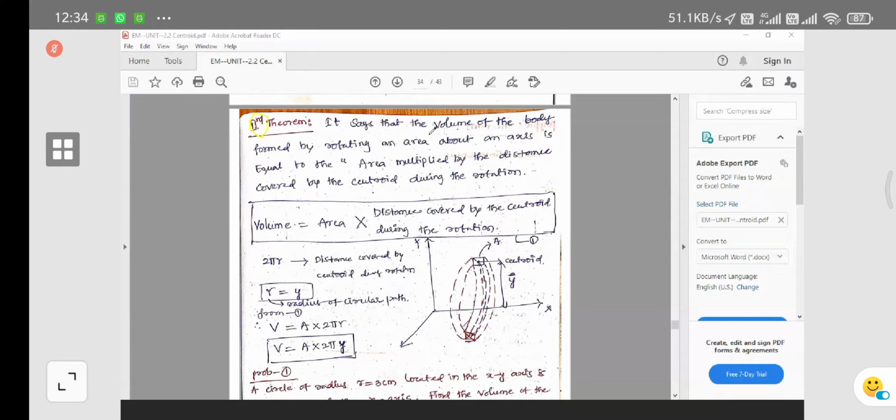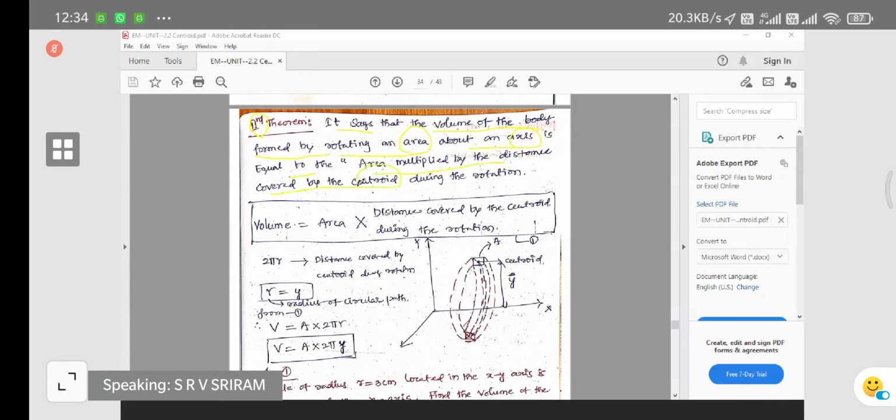It says that the volume of the body which is formed by rotating an area about any axis, maybe the x axis or otherwise the y axis, is equal to what? The area multiplied by the distance covered by the centroid.